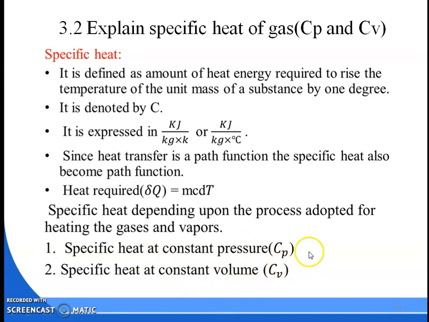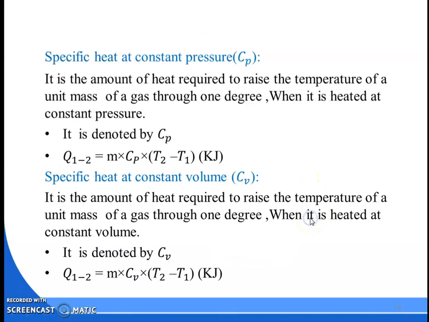Then how can you write it? C stands for specific heat, at constant pressure that is Cp, and at constant volume that is Cv. Cp and Cv are the specific heat at constant pressure and specific heat at constant volume. Then what is specific heat at constant pressure?